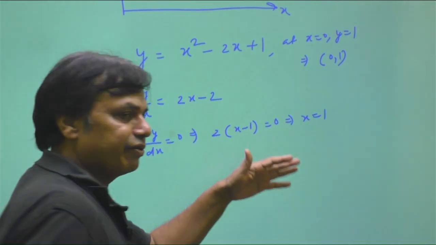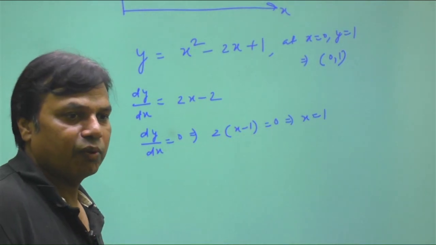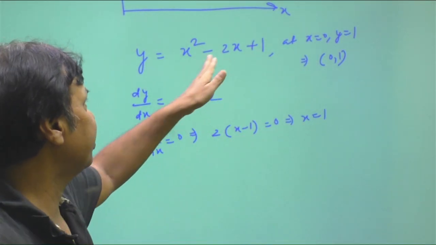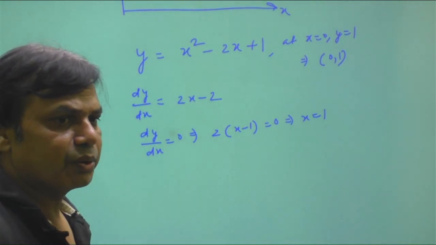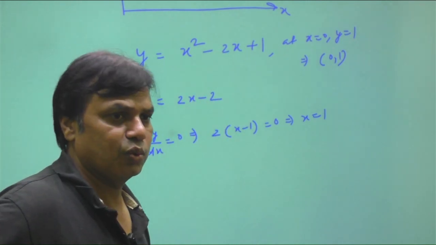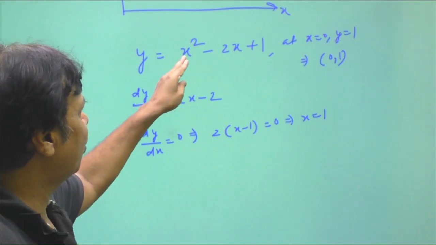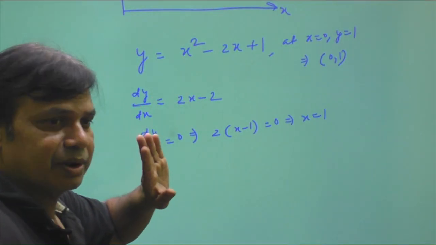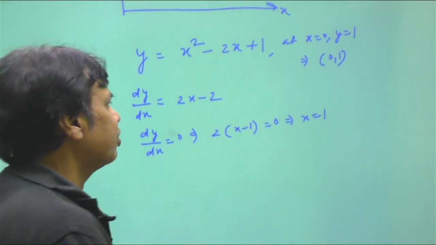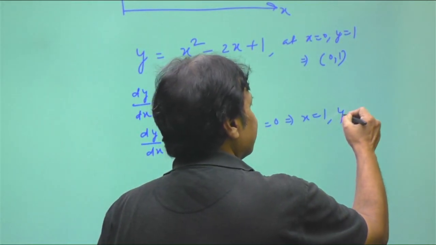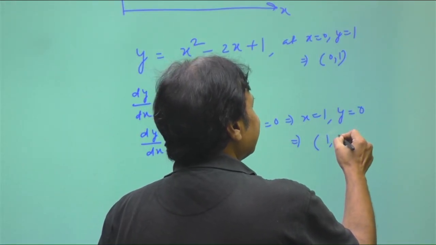And try to find the corresponding value of y by putting x equals 1. So if I put x equals 1 here, it becomes 1 square, that is 1, minus 2, so 1 minus 2 is minus 1. And again you have plus 1. So it becomes 0, y equals 0, if I am correct. So this gives you a point where the coordinates are x equals 1 and y equals 0.